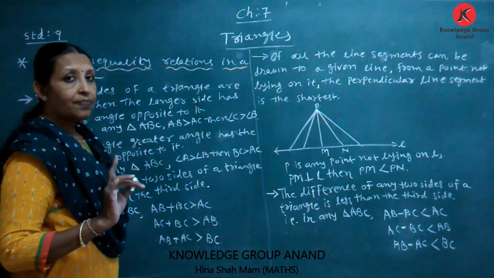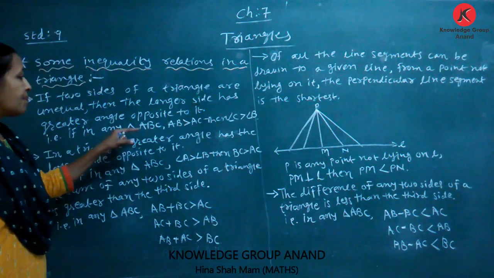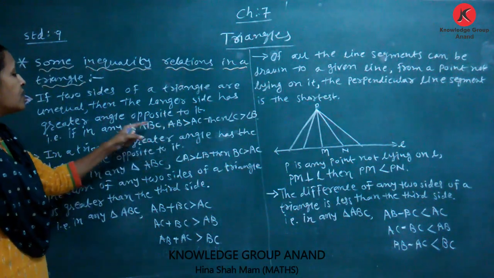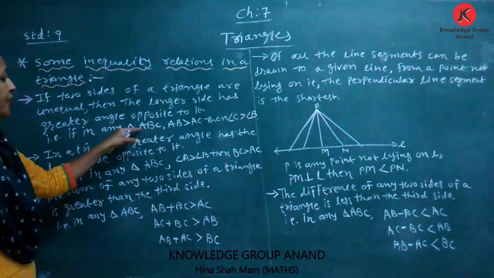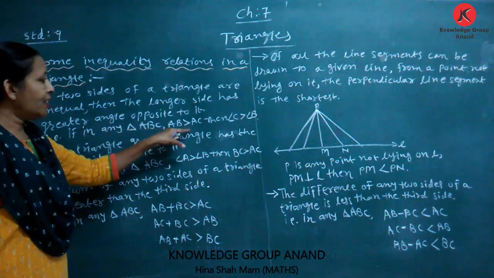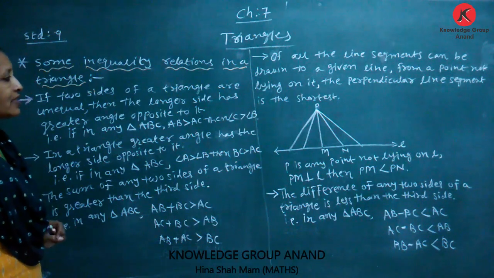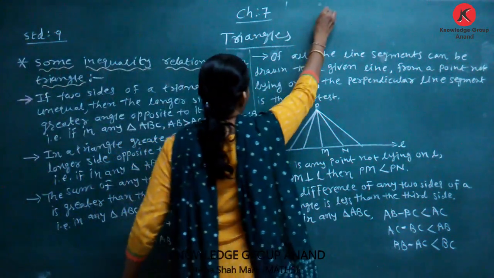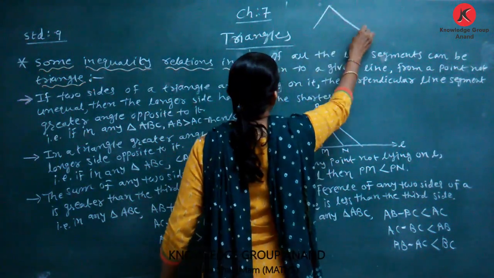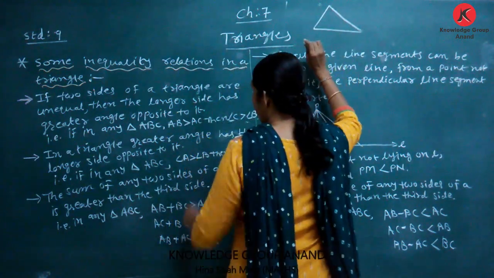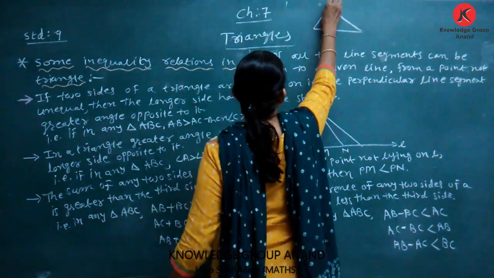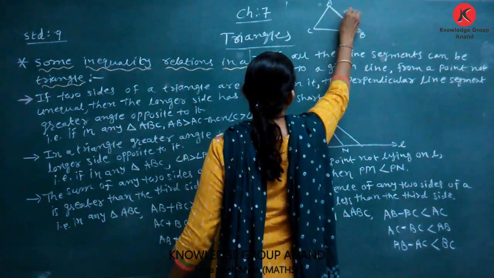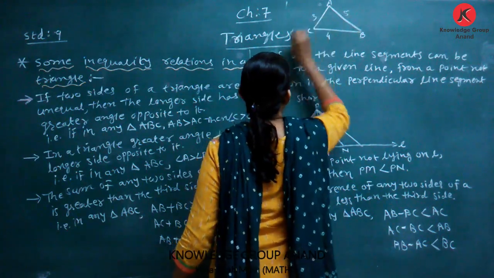I will take some examples in successive lectures. If in any triangle ABC, AB is greater than AC, then angle C is greater than angle B. Here we see that AB is greater than AC. Suppose the sides are 5, 4 and 3.